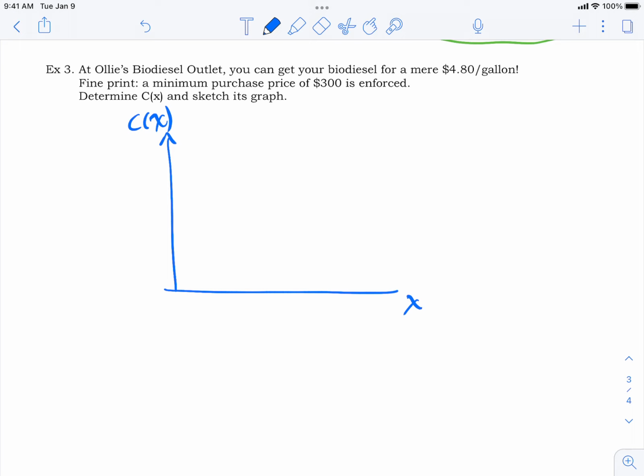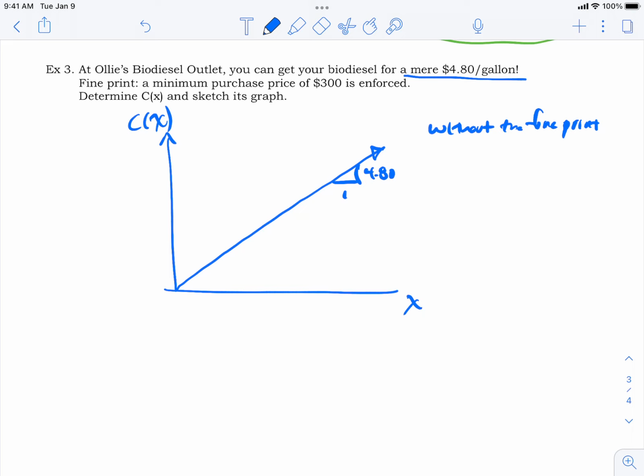Without the fine print, you'd be thinking, oh, I'm just paying $4.80 a gallon. Bada boom. So the slope here is 1 gallon costs $4.80. That's the slope. Okay, cool.